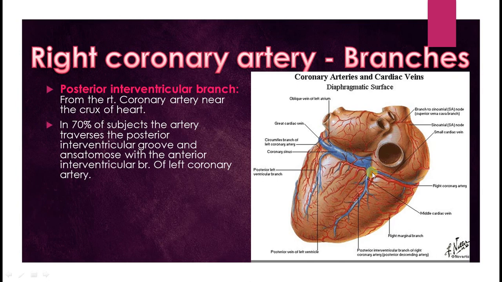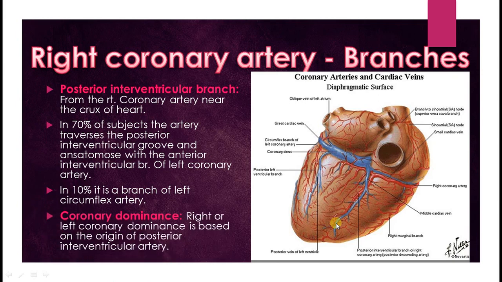Based on the branching of the posterior interventricular artery, which normally is a branch of the right coronary artery, we can decide the coronary dominance. Usually in 70% of the subjects, we have right coronary dominance. That means the posterior interventricular artery is a branch of the right coronary artery.